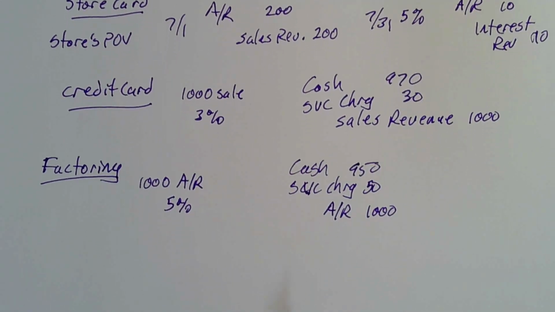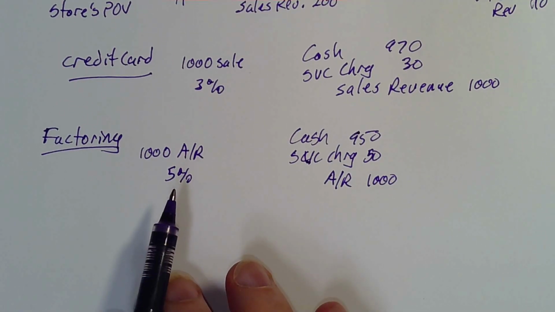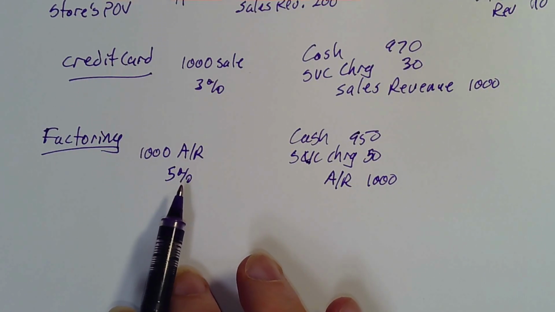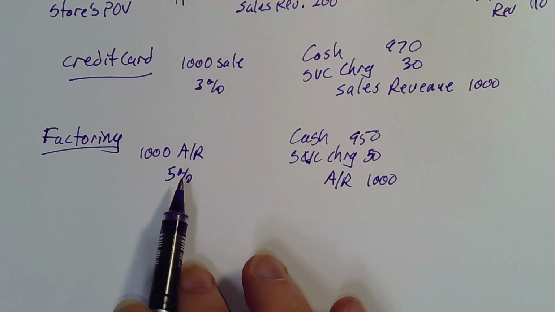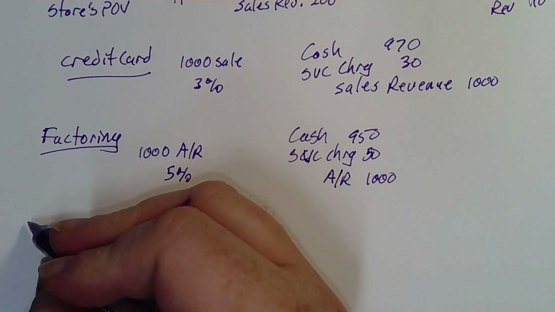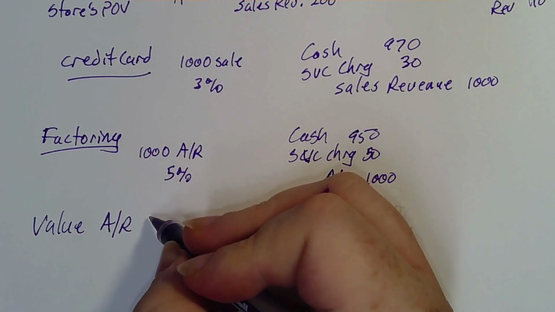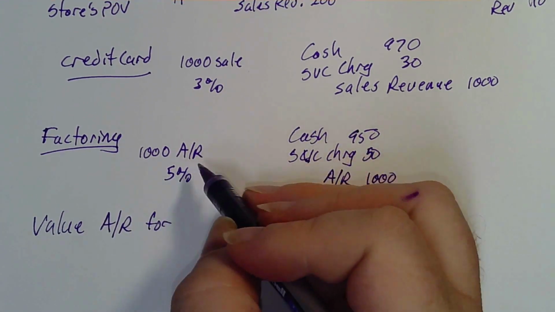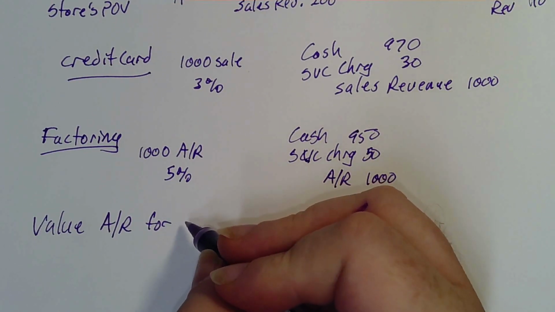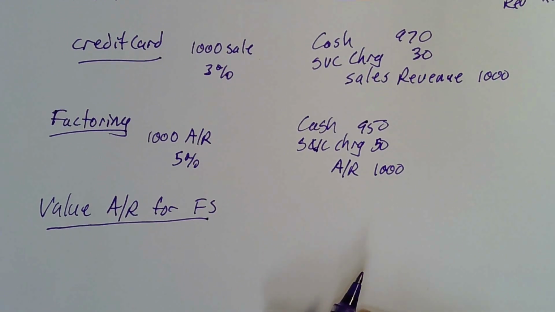So this kind of brings us into our main topic. This idea that why would you have a factor, or why would the factoring company charge you a little bit of percentage? Because the ugly fact about AR is that not every customer that you extend credit to is going to actually pay their bill. So how do we deal with that?